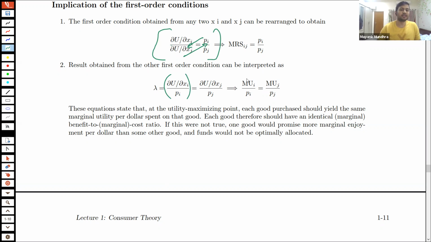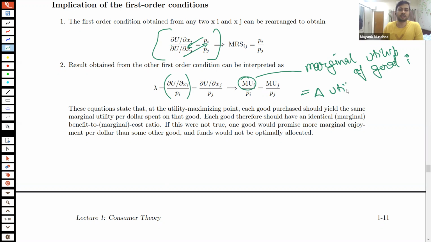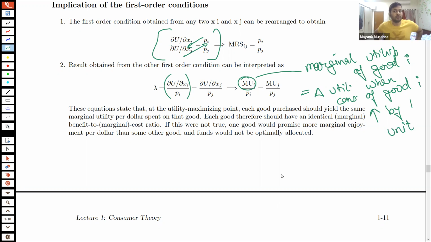The left-hand side, del U by del Xi, is just the marginal utility of good i, which is basically the change in utility when consumption of good i increases by 1 unit. Okay, so marginal utility of good i is the change in utility when you increase consumption of good i by 1 unit.